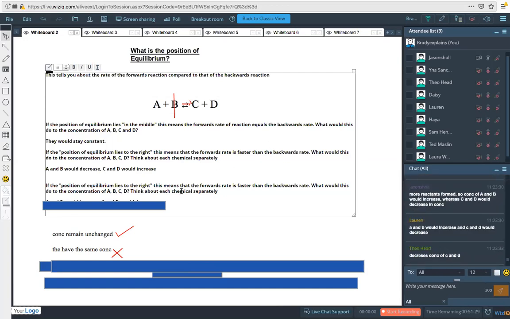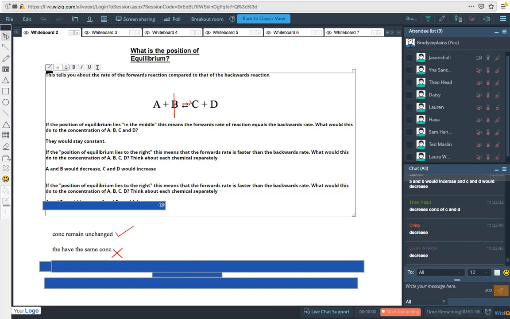That would increase the reactants. And what would that do to the conc of the product? It would decrease them, wouldn't it? Because now you've got more backwards reaction. You've now made, I can't get rid of that first red arrow, but you've now made the backward reaction way bigger. This is the bigger one now.